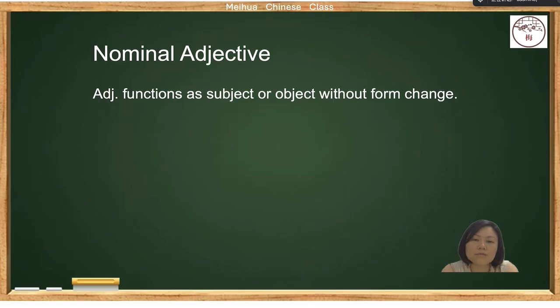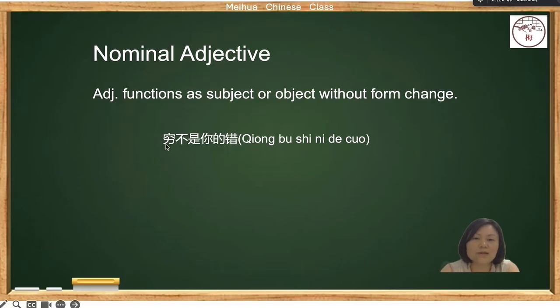But how come it can work as a subject or object? Yes, that's possible in Chinese. I know it's impossible in English. But how do we do this? Let's look at an example here. 穷不是你的错。穷不是你的错。穷 is an adjective. It means poor.